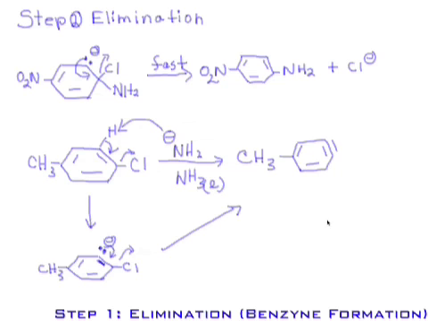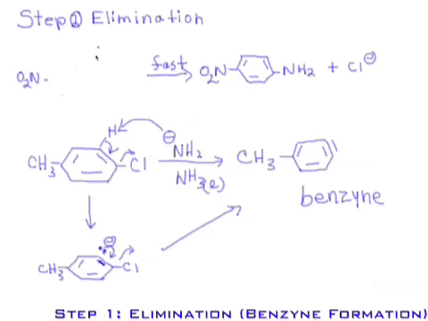We get an intermediate that looks like a methyl benzyne. The benzyne intermediate. Now this is huge because this would represent step one of our proposed mechanism for when there's no electron withdrawing group.